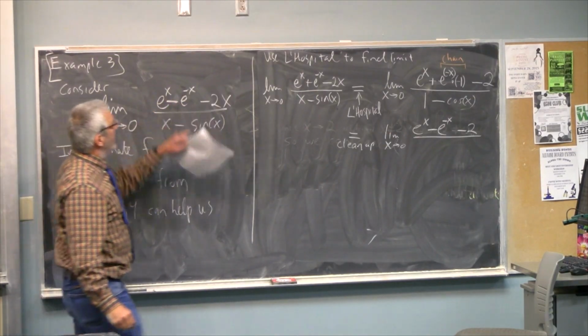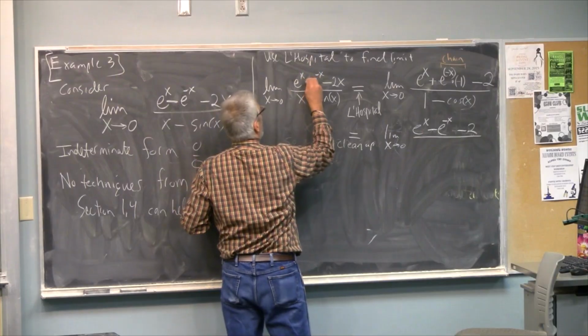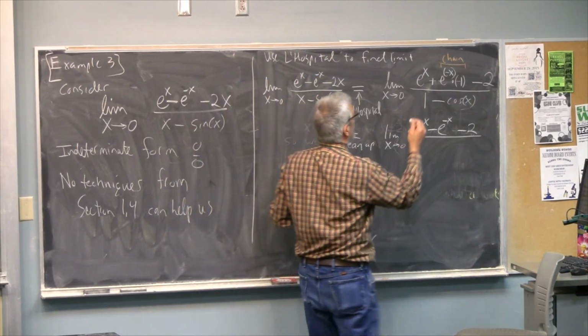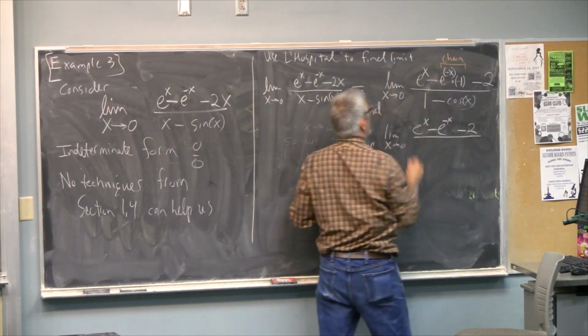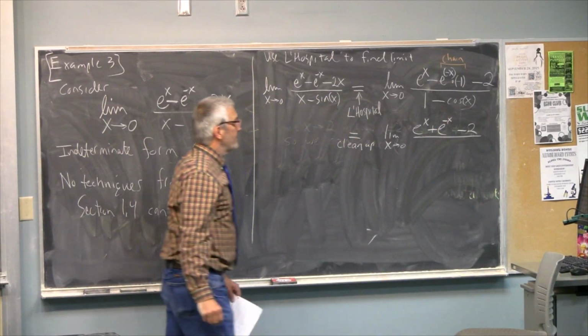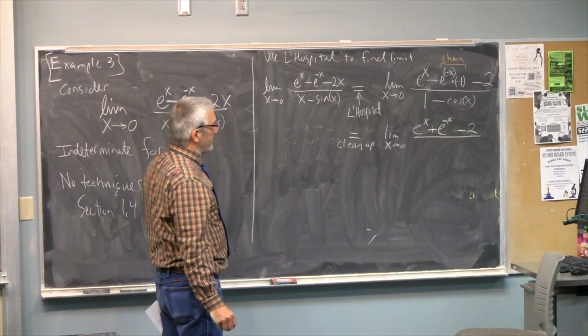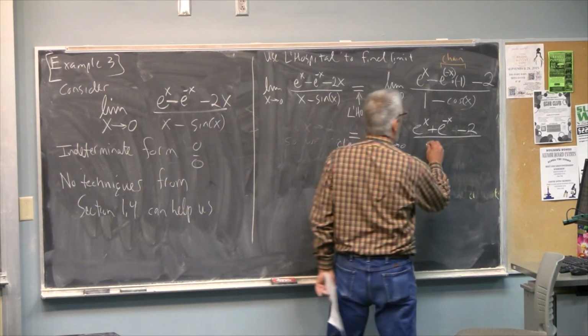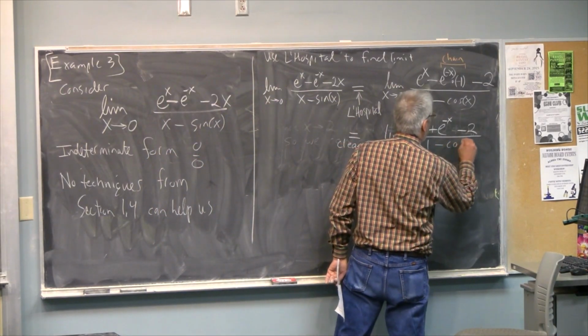E to the x minus e to the minus x. So here, this becomes e to the x plus e to the minus x minus 2. And on the bottom, 1 minus cos x.